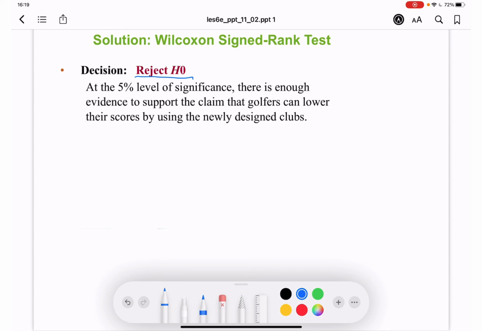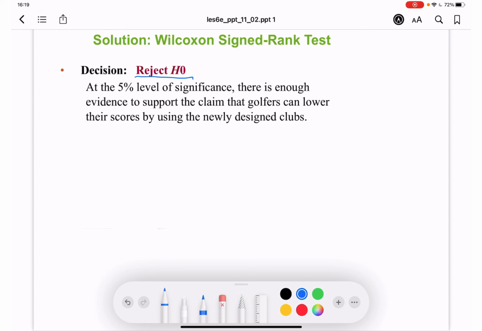So at 5% level of significance, since our claim is at the same time the alternative one, yes, it was the alternative, if we reject the null hypothesis, then we support our alternative hypothesis.